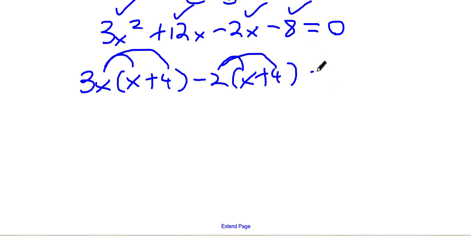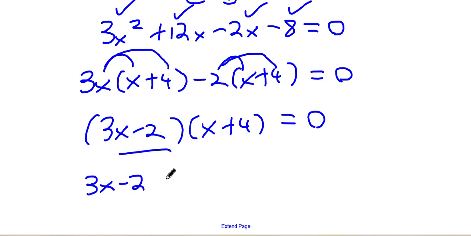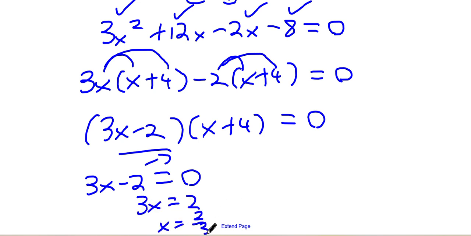We're good. Now, what next, guys? 3x minus 2, yeah? So, okay. Blame the first one. Minus 2 equals 0. 3x equals plus 2. Divide by 3. Next one. Bring it over.